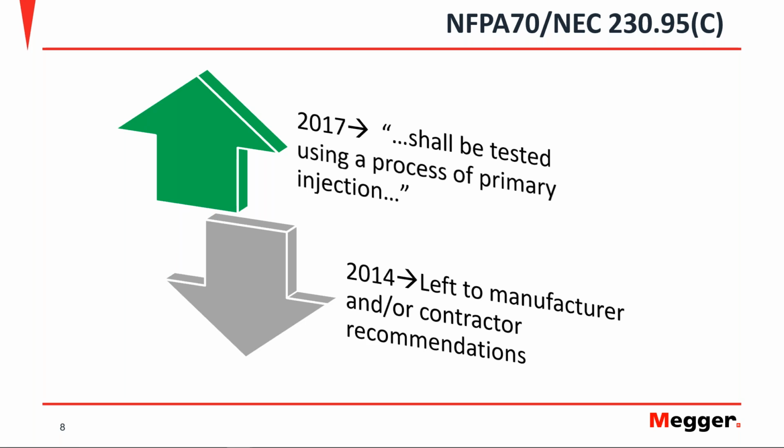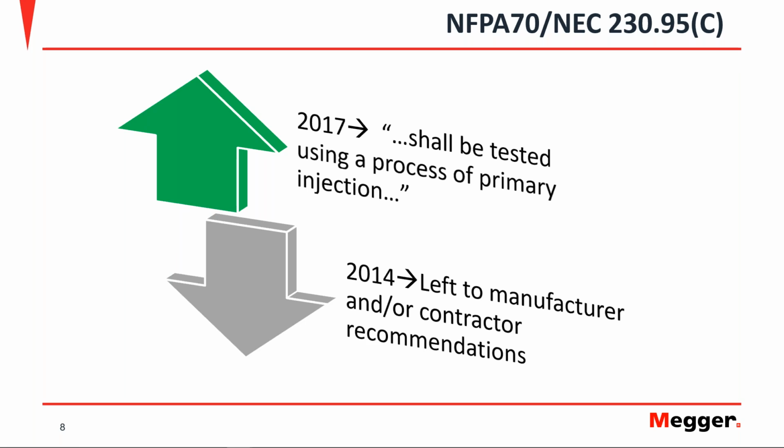So that was changed in 2017. The latest version, 2017, of the NEC changed clause C of that article, and now it requires us to test this ground fault protection element with the primary injection method.